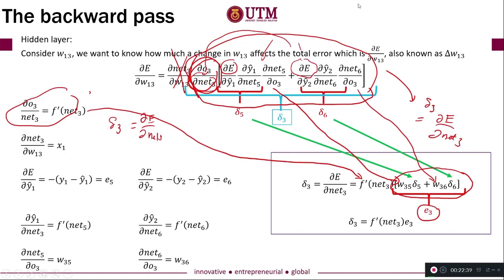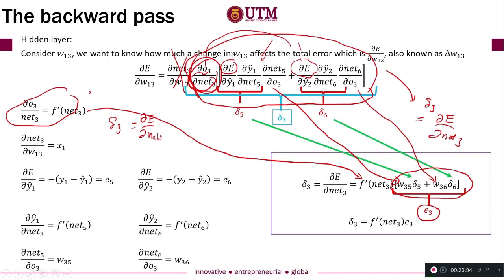So from this big expression, to find your delta 3, which is del E over del net 3, the component inside this circle is actually delta 5, this is actually delta 6, and this comes from here, and this one can be defined as W36 here. So you can express it this way: delta 5 multiplied with W35, delta 6 multiplied with W36.